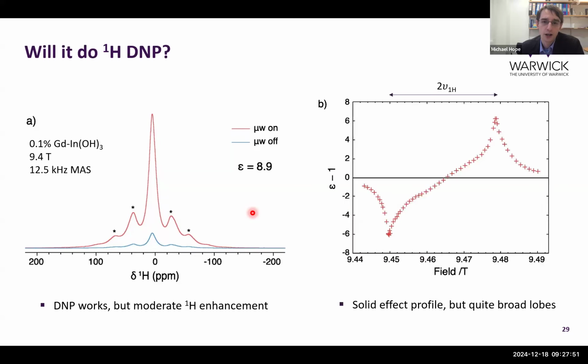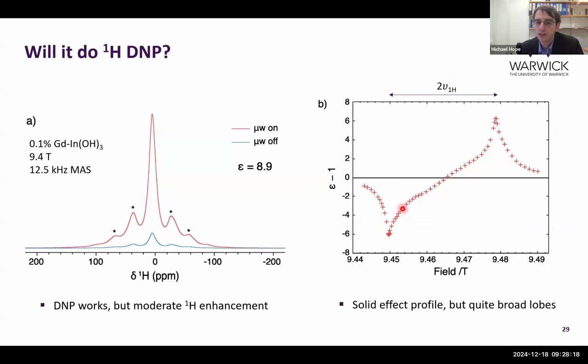And so if we do a field profile, so here our microwave frequency is fixed and we're varying the magnetic field and measuring the enhancement at each point, enhancement epsilon. The factor of -1 is to account for the Boltzmann, the thermal polarization. And what you can see is we see 2 lobes that are separated by twice the Larmor frequency. That's characteristic of the solid effect.